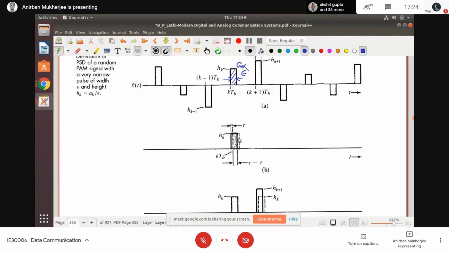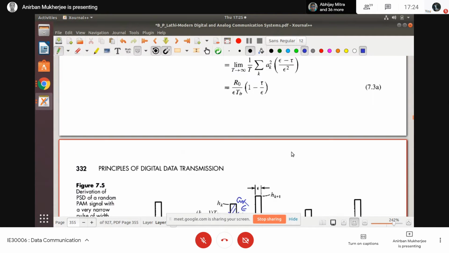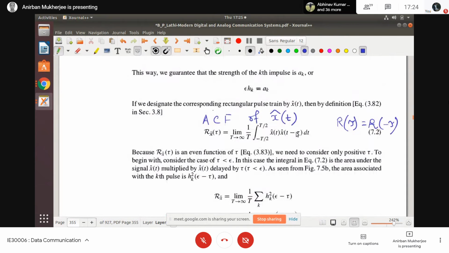I have assumed that tau is less than epsilon. If tau is greater than epsilon, then it will move outside. If I multiply and integrate, I get hk square times epsilon minus tau, because the other terms will be 0 in the dt integral.